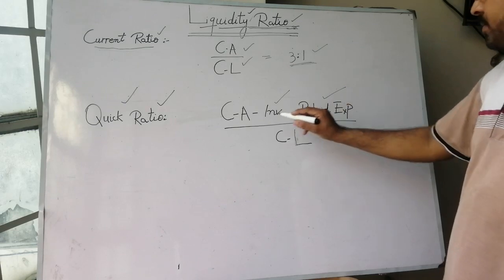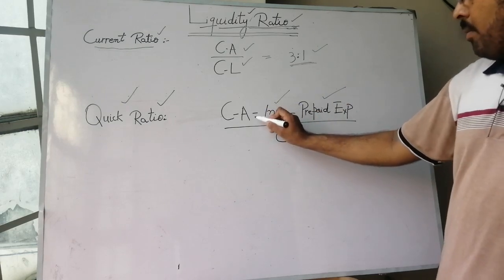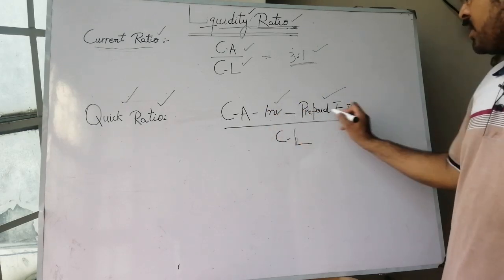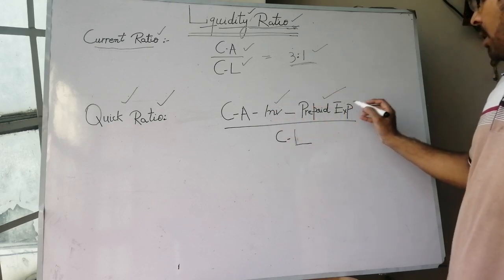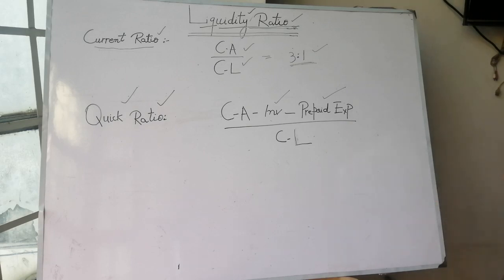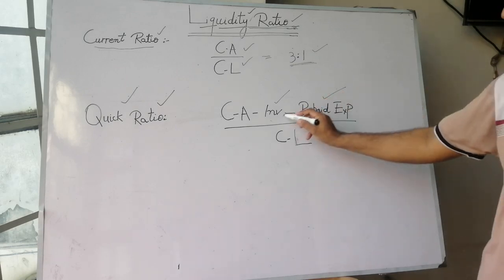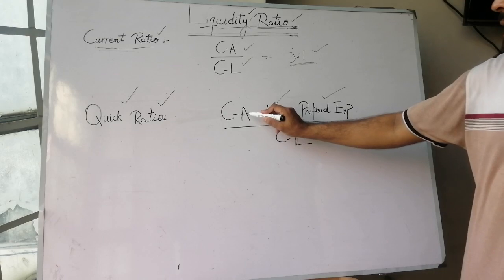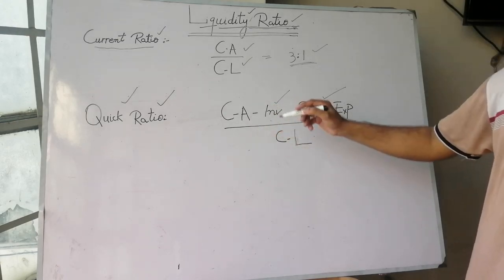We deduct both inventories and prepaid expenses from current assets and then divide by the current liabilities.